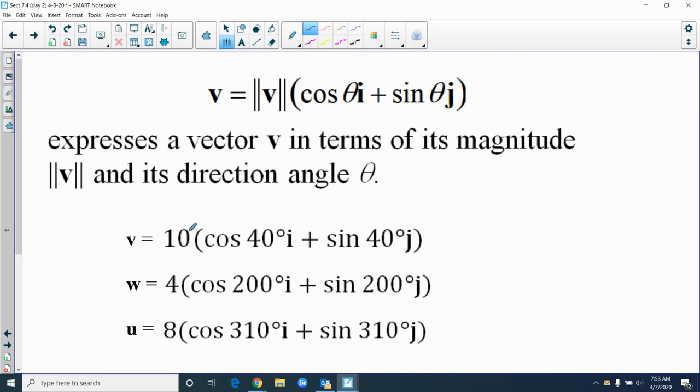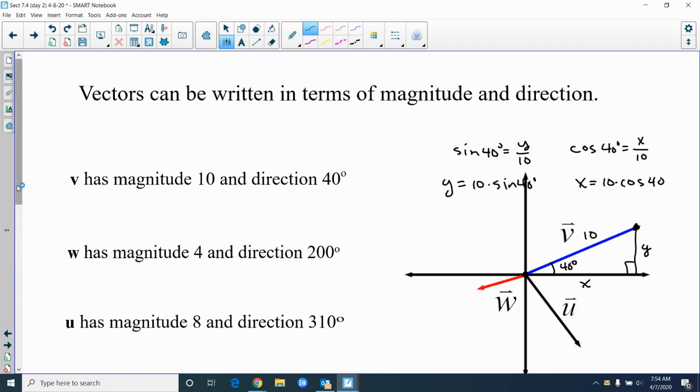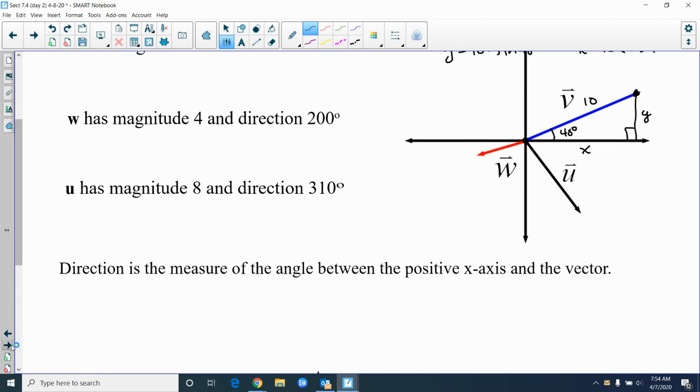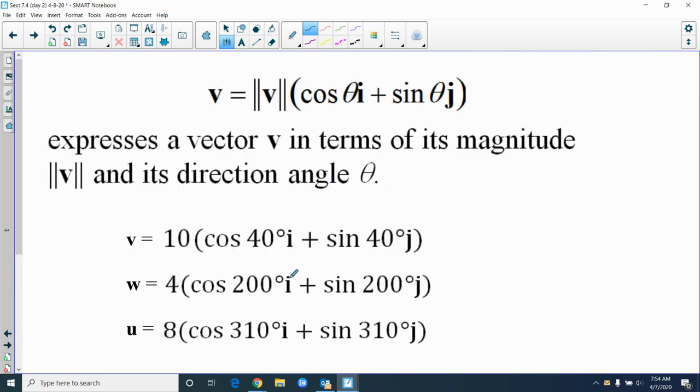So vector v is 10 cosine of 40 degrees i plus sine of 40 degrees j. Vector w from back here is 4 cosine 200 degrees i plus sine 200 degrees j. U is 8 cosine 310 degrees i plus sine 310 degrees j.